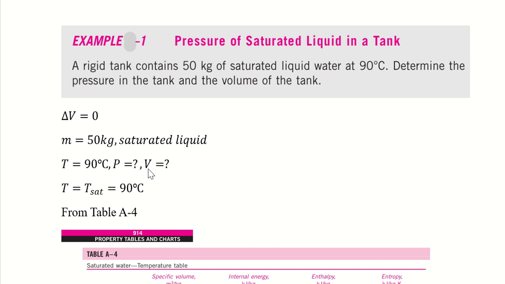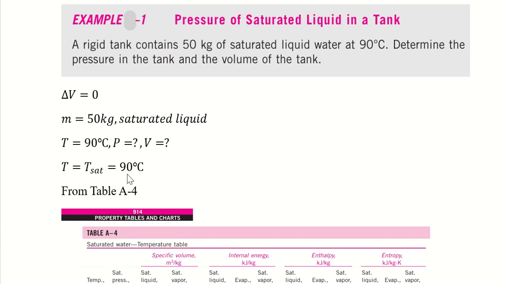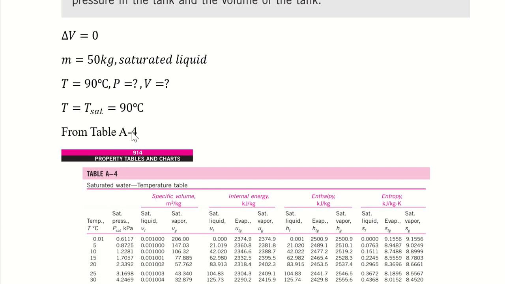Another interpretation you want to make comes from the next line as you do the solution. The next line is what table you have to use to answer this question. For this question, we're going to use table A4.